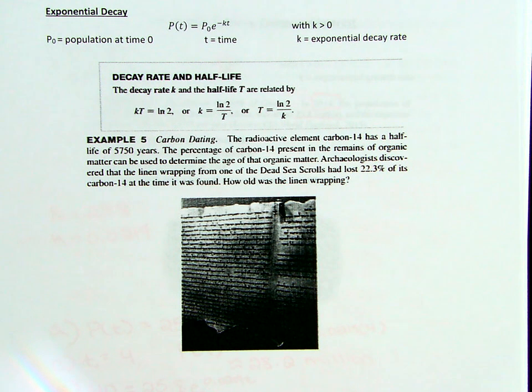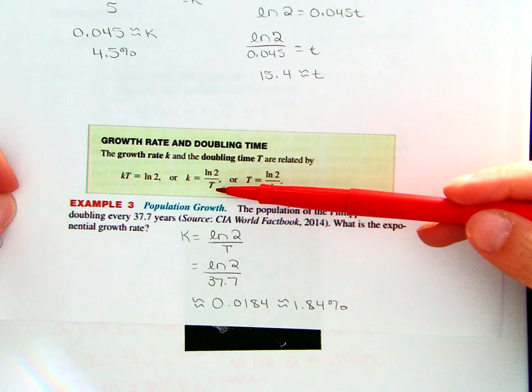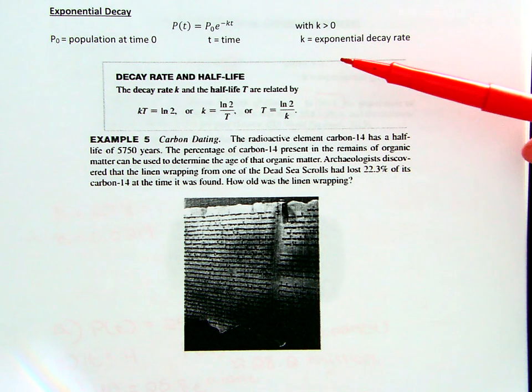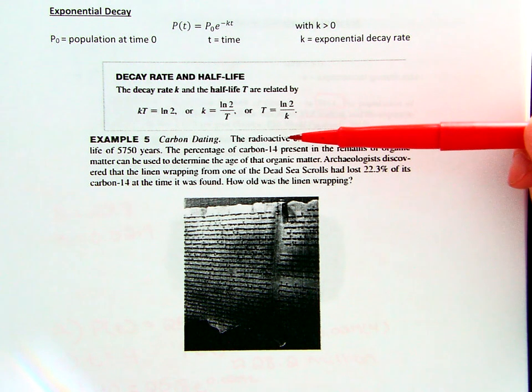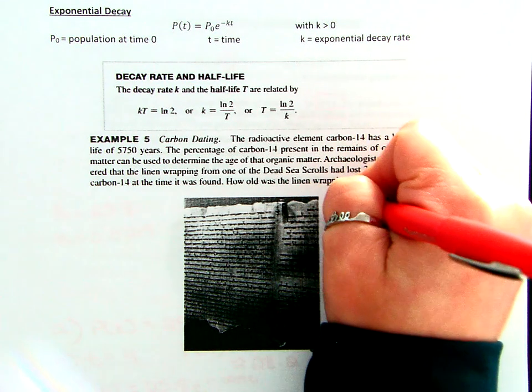In the previous section, down here, we used capital T to represent the doubling time, the amount of time it takes for something to double. Here, with decay, we're talking about capital T representing the half-life. How long does it take before you have half as much as when you started? So we have a capital T of 5750 for this carbon-14.